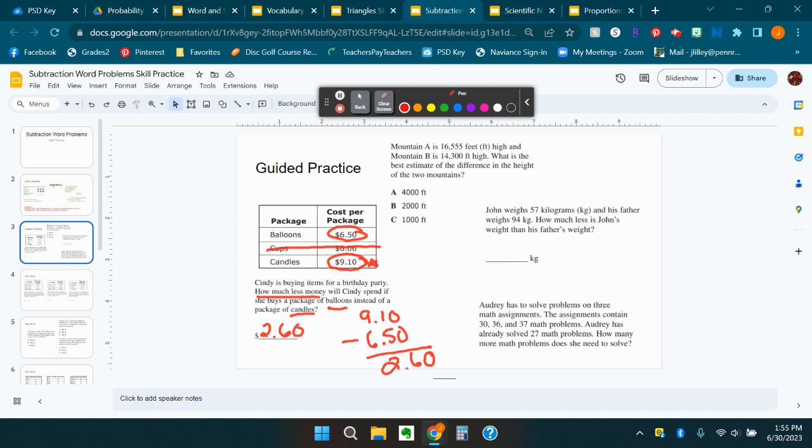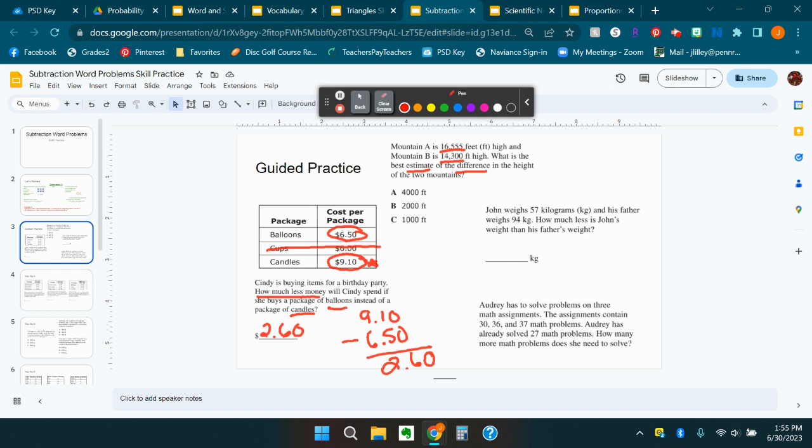In the next example, we have a mountain that is 16,555 feet high and another mountain that is 14,300 feet high. They want to know what is the best estimate of the difference in the height of the two mountains. So again, we're comparing the height of the two mountains, and difference is one of our key words that reminds us we should be subtracting.